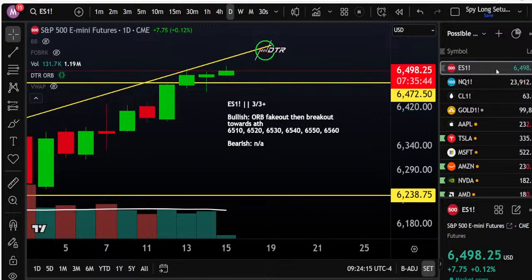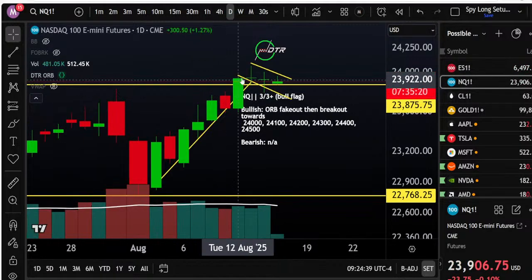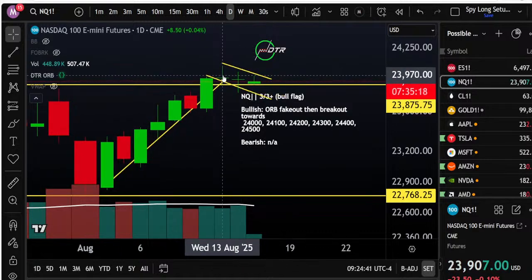I think with option expiration happening today, that definitely creates an environment where we should be expecting potentially more volume and potentially more volatility. I'm pretty much only looking for a bullish scenario. I think it's really challenging for me to want to be bearish, especially after the bearish failure that we saw play out already, right?